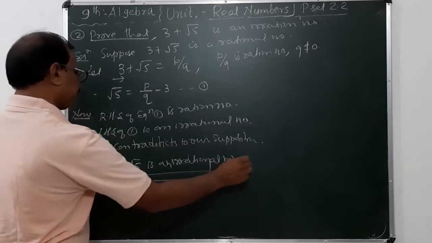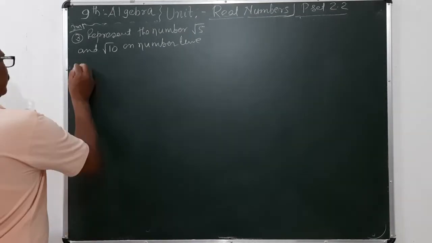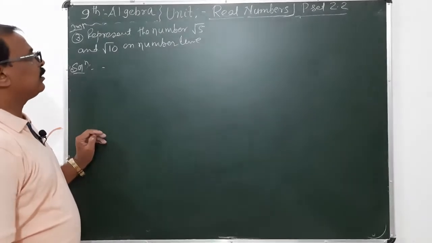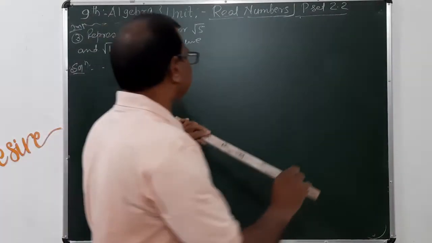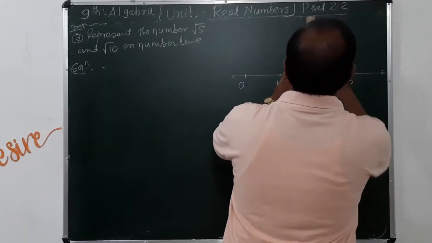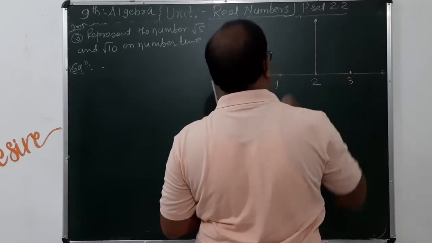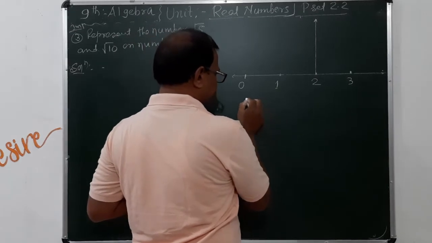Okay. Represent the numbers root 5 and root 10 on a number line. So actually you already learned root 2 on a number line. I draw a perpendicular here from 2. This distance is 2 units.